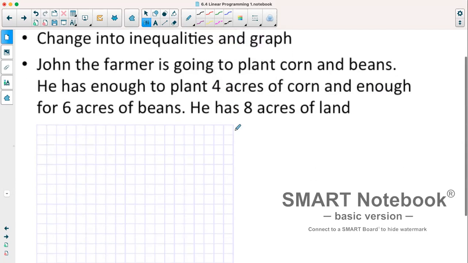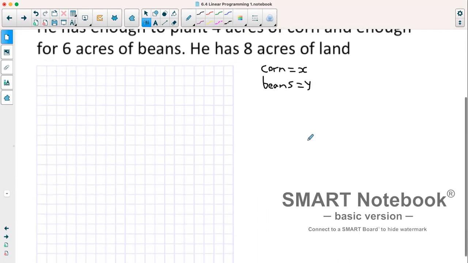So I might say that corn is X, beans are Y. We'll draw out our grid.